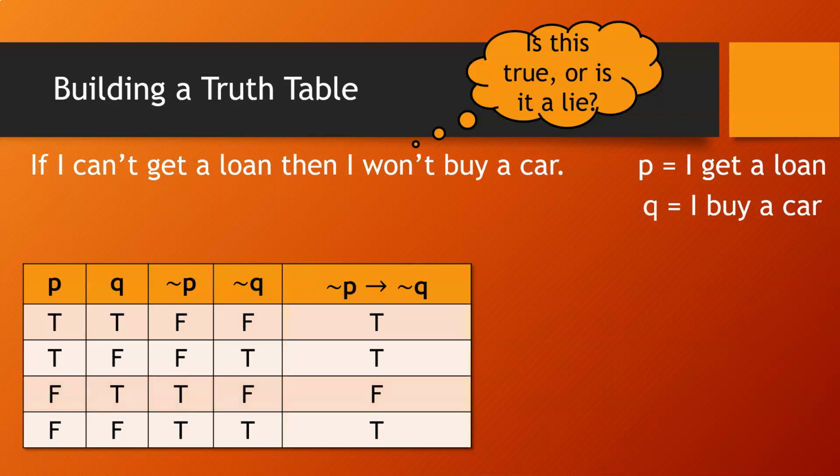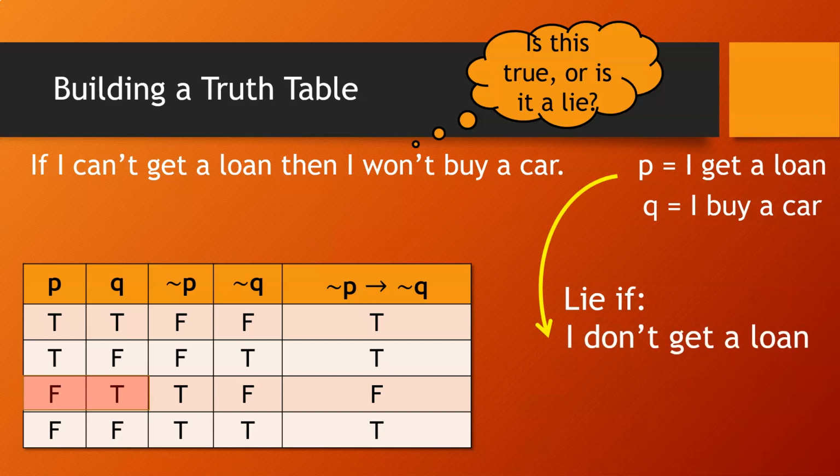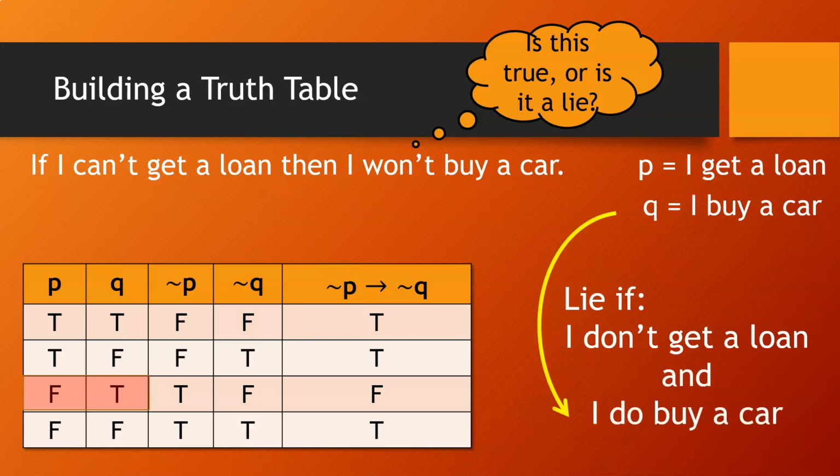Now, when does that happen? Well, look back at the values for P and Q in that third row. P is false, Q is true. So that means the statement we started with is a lie if P is false, so I don't get a loan, and if Q is true, so that means I buy a car, is a true statement.